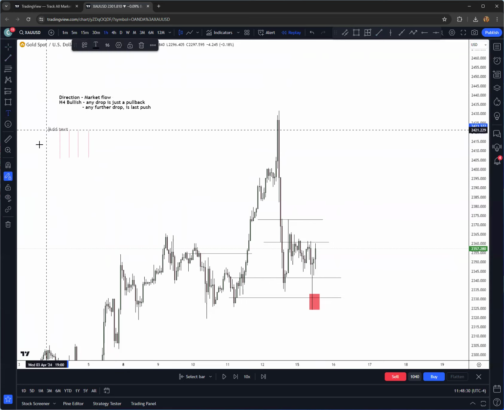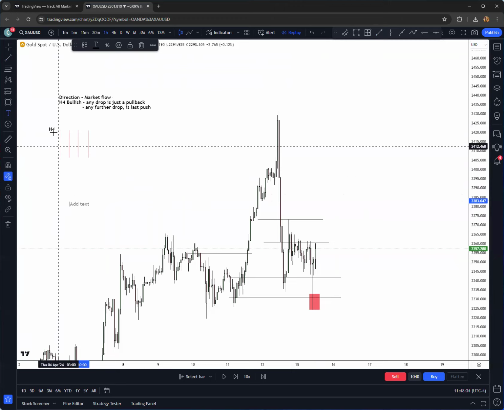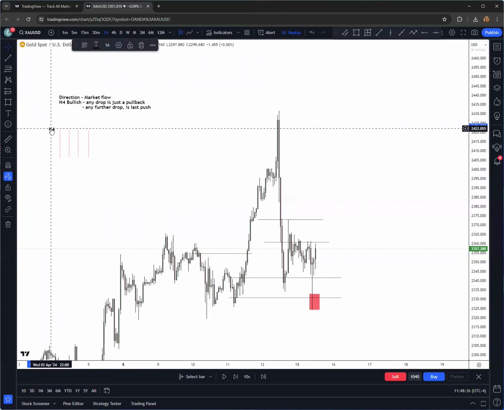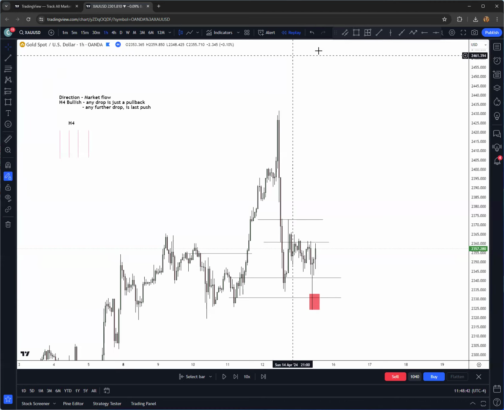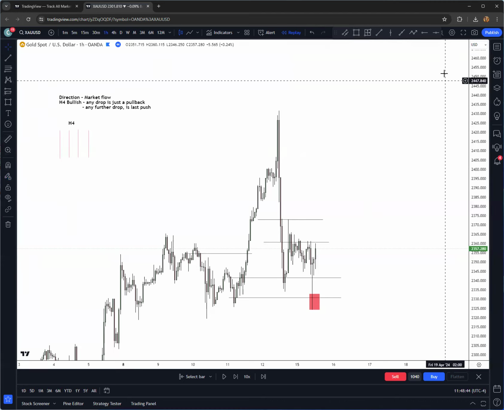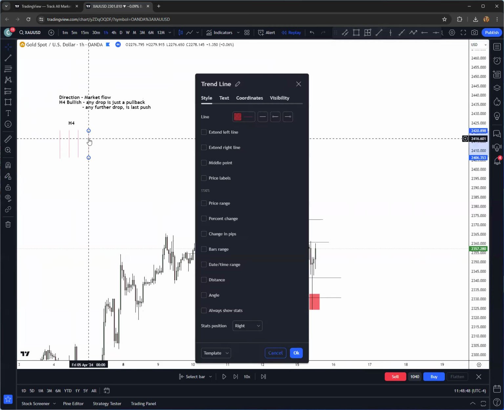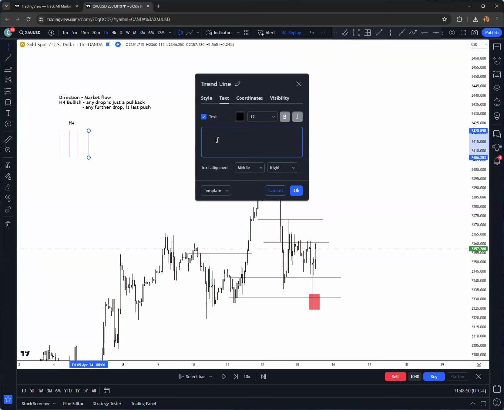This is all H4. This is an H4 candlestick, right? The main important candlestick in H4 is the last one, which is this guy. This is the most important.